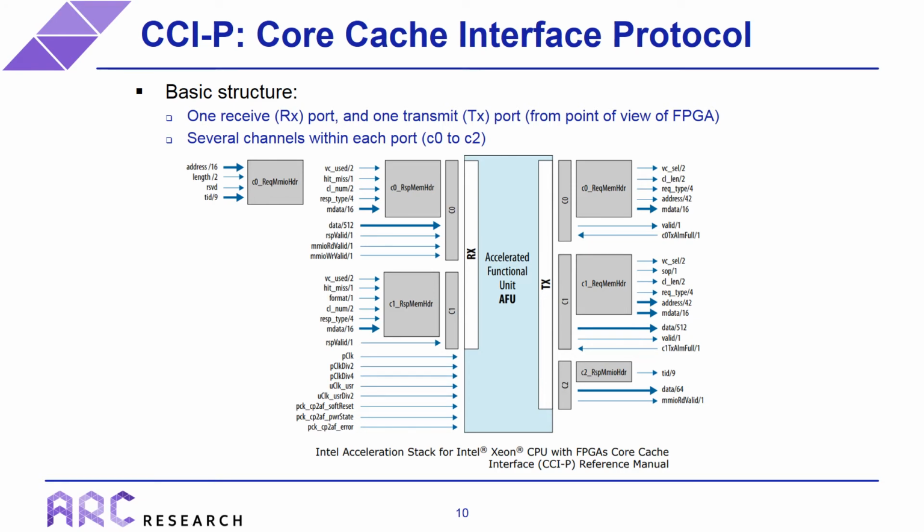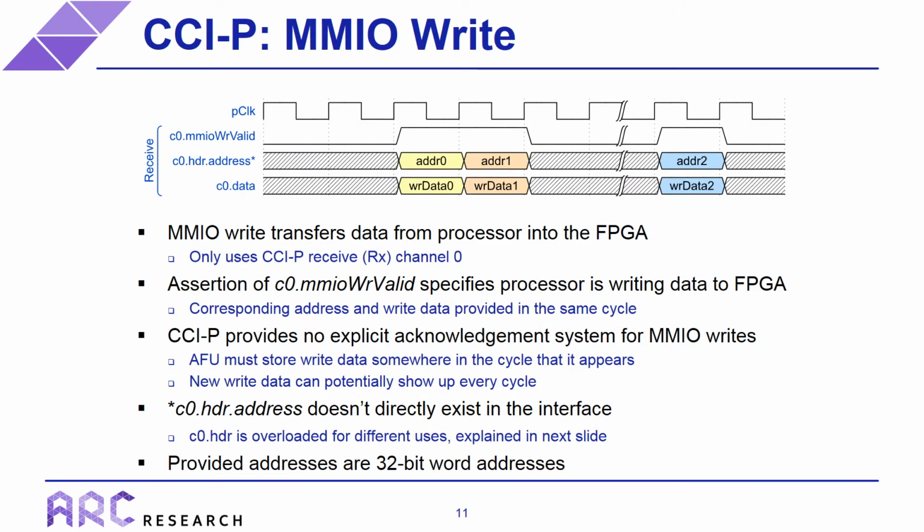You'll see there's a C0 and a C1 on the receive port, and a C0 through C2 on the transmit port. All right, so we're going to look at memory mapped I/O writes first because they are a little bit easier to understand. Writes transfer data from the processor into the FPGA. One of the reasons they're easier to understand is that writes only use channel 0 of the CCI-P receive port, so there are only a few signals we have to monitor.